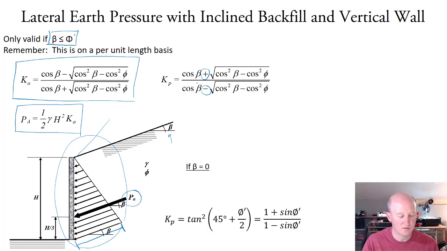So passive conditions would hold still. If we were to try and go in here with a bulldozer or something like that and push this wall, the resultant is still going to be inclined beta, and it's going to be even higher, right? Because there's even more material that we've got to push up, we've got to lift up out of the ground.